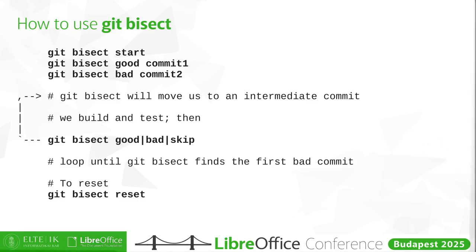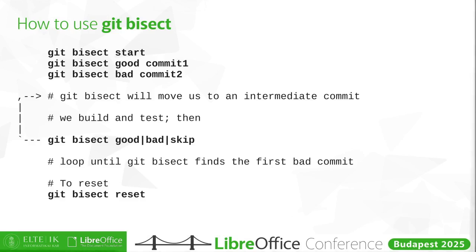Once git bisect has that, it will automatically move us to some commit in the middle. We don't even care which one it is. We're just going to build, run, test, and mark. Build, run, test, and mark, right? So we're going to loop maybe 4 times, 8 times, 12 times, 15 times.